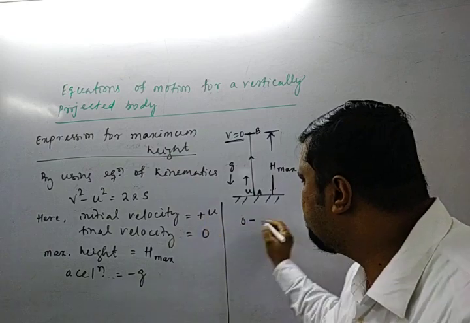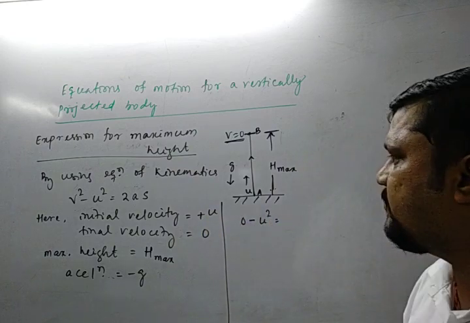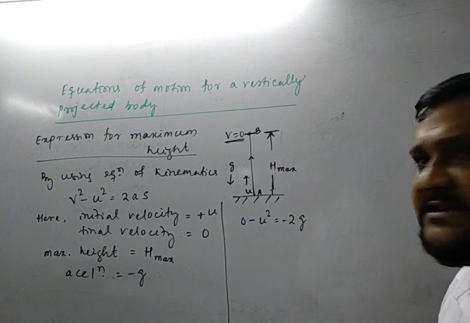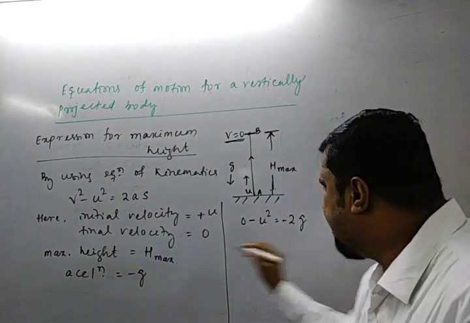0 minus u square is equal to 2 times minus g times h max, where h max is the maximum height.